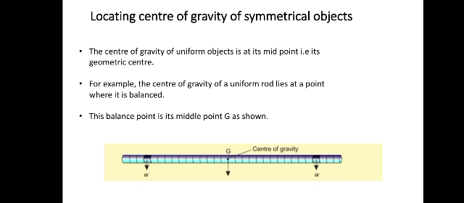The center of gravity of a uniform rod lies at the point where it is balanced, and this balance point is its middle point G, which you can see in the figure clearly. So this middle point will be its center of gravity.